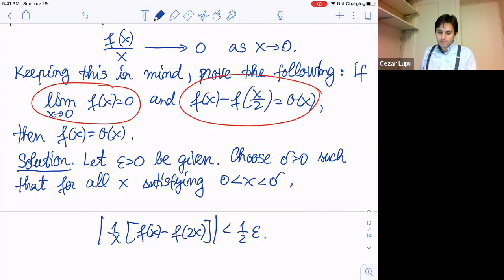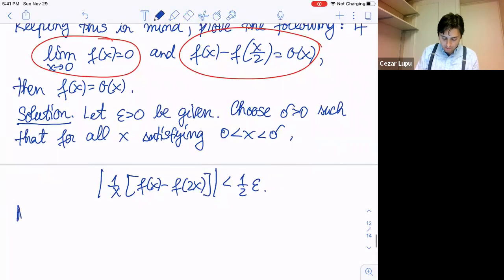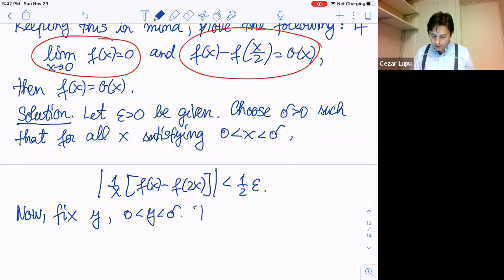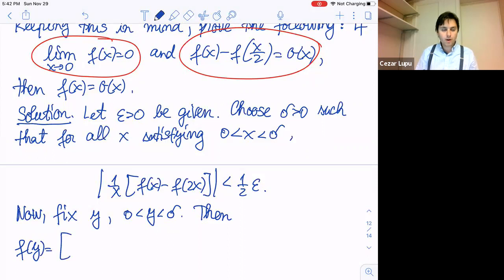All right, now let's see. Now let's fix y, and this y will be less than delta and positive. And then we can write this f of y in the following way, so that you can see f of y minus f of y over 2.